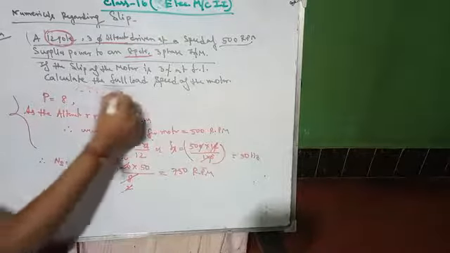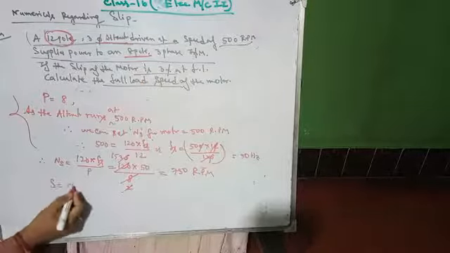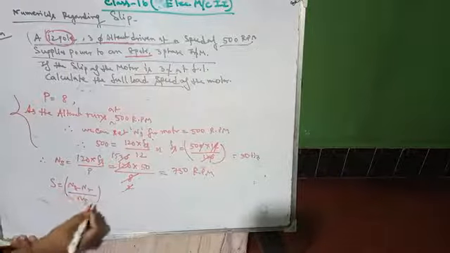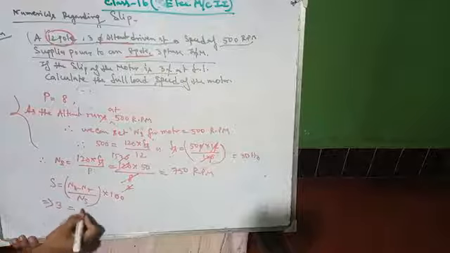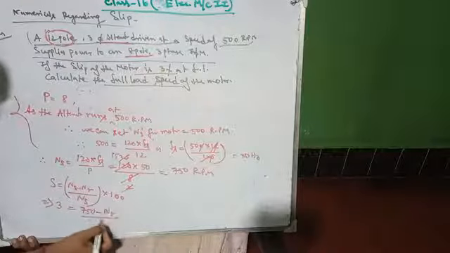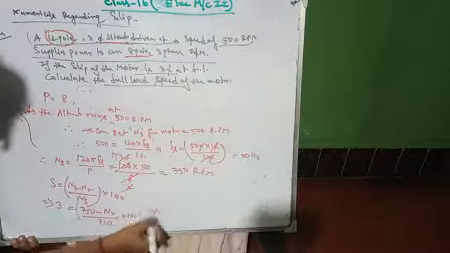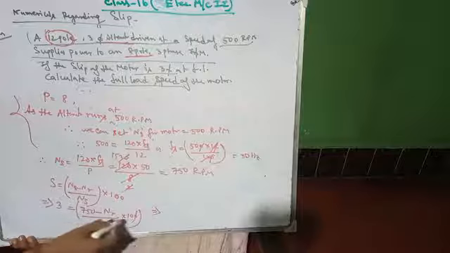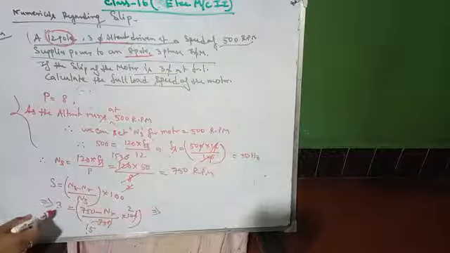So now calculate the full load speed when the slip is 3%. So S equals (Ns minus Nr) by Ns, and slip equals 3%, multiplied by 100 because it is given in percentage. So 3 equals (750 minus Nr) by 750 into 100. Just calculate it. The zeros cancel out, 50 into 3, or first cancel by 5, that will be 15, that will be 2, 45.